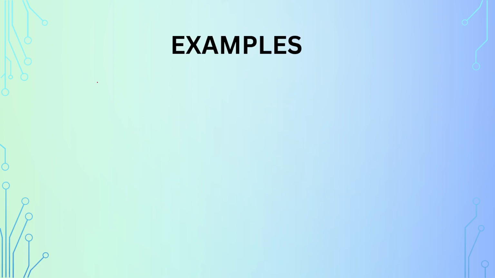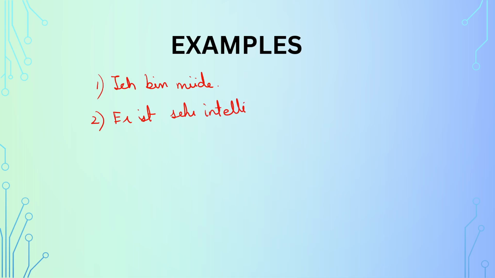Let's see some examples. Ich bin müde, which means I am tired. Er ist sehr intelligent. He is very intelligent. Wir sind glücklich.